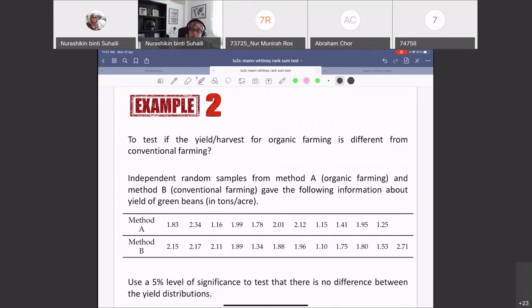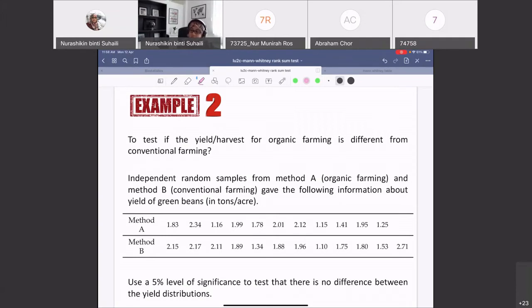For example, sometimes the question is like the sample is given a course, like I think it's one of the examples before. The scores of the samples, the students, or maybe a group of staff, are evaluated based on their performance before and after they take a course.